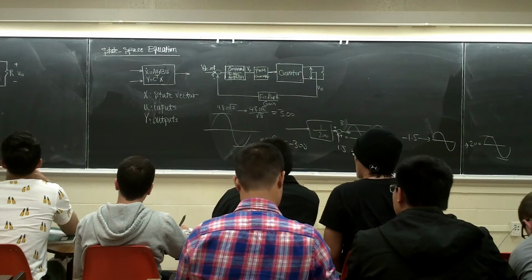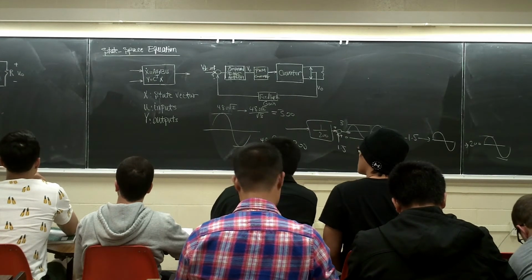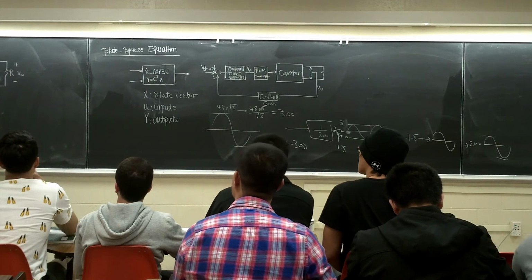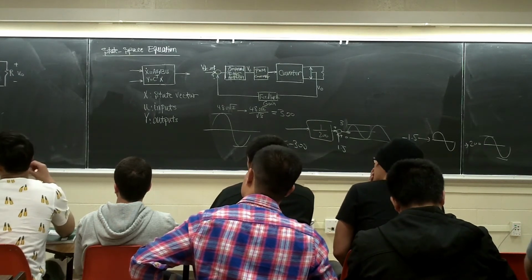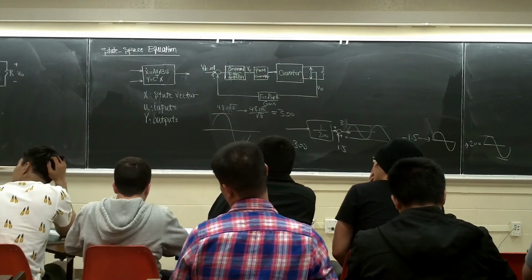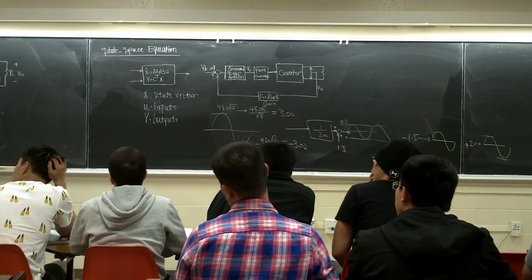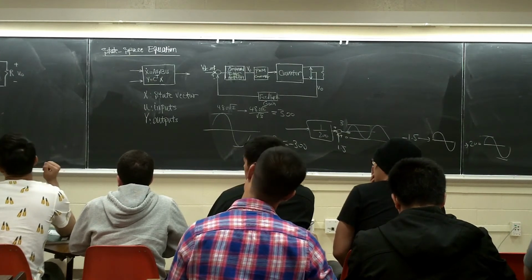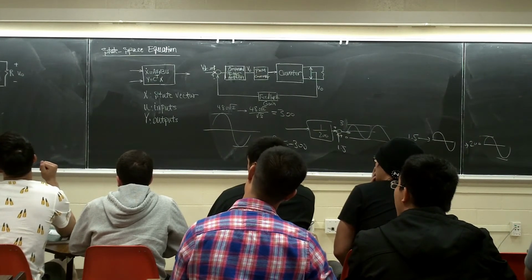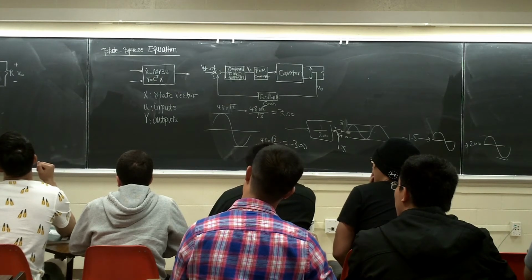Before I start to calculate to model this thing, this switch has a duty cycle, right? It is on for D and off for the rest, if you look at the gate signal. It's going to be like this.